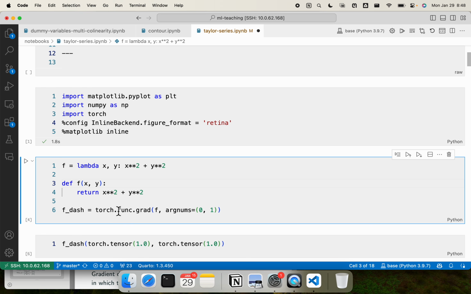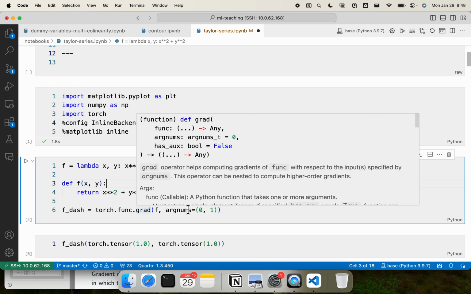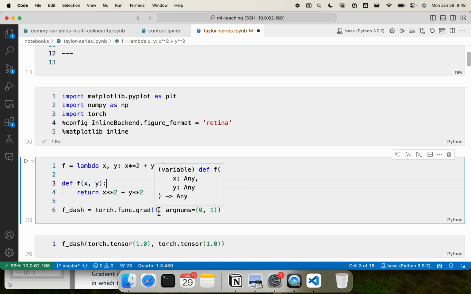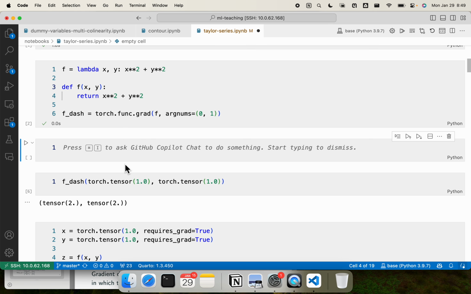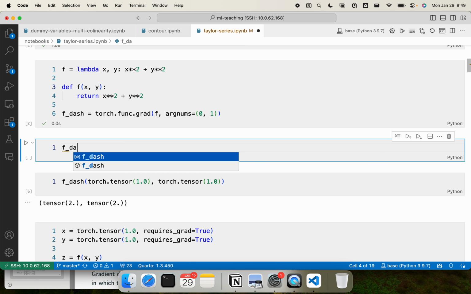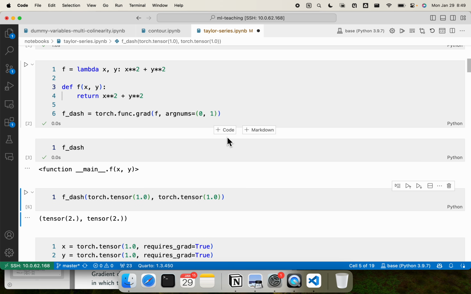So, I am calling torch.func.grad. I pass in the original function with respect to which I want to find the gradient. I give the argument numbers, so I want to compute the gradient with respect to the 0th argument and the first argument. And f dash is a function which takes two arguments, x and y.